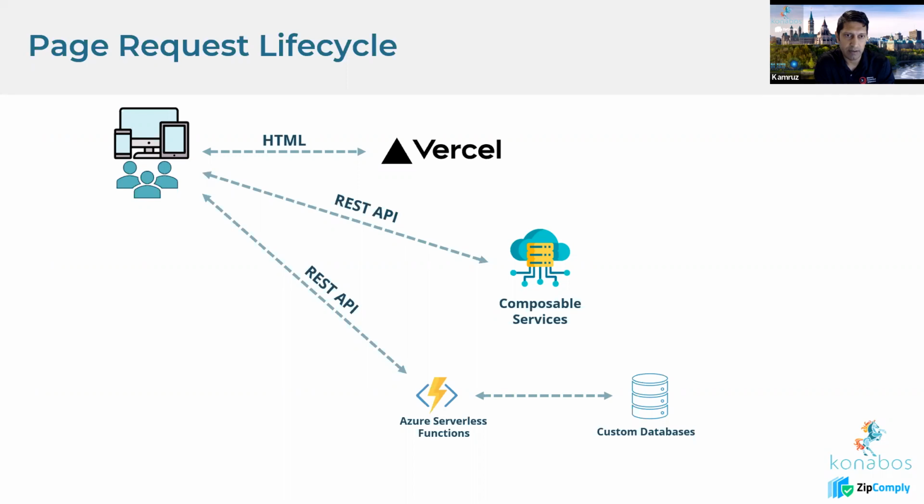You may be calling out using REST services to different composable services, or maybe you have some custom functionality via Azure Serverless Functions, which can reach out to your custom databases and other external services, and they will then return that data to the user. The JavaScript then renders that back onto the page.